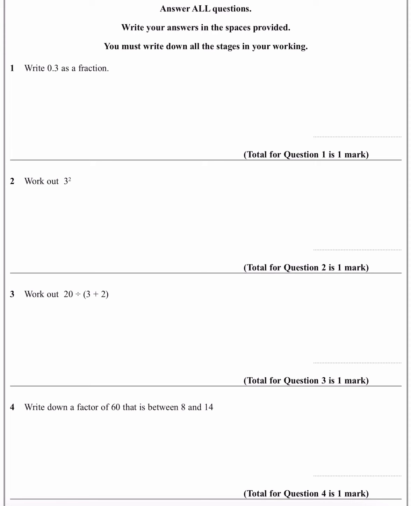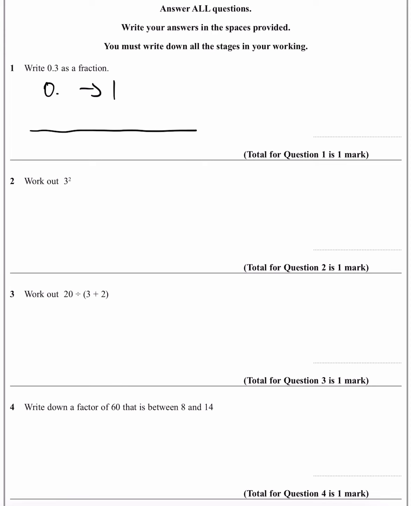So question 1, relatively simple as everything in the first pages. It says, write 0.3 as a fraction. Now, what do we know about decimals? We know that decimals that start with 0 all add up to 1.